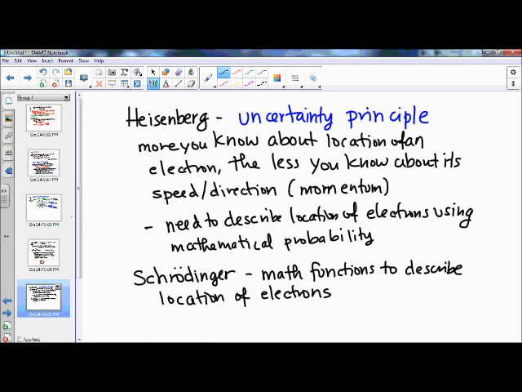I'm not going to show you the math. You don't have to see it, because it looks pretty complex. They're called wave function equations. In our next objective, we will talk a little bit more about what came out of these wave functions, these wave equations, to tell us about the location of the electrons and how that is going to change from Bohr's model.